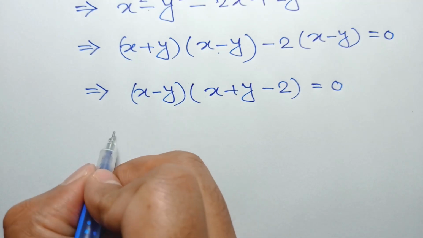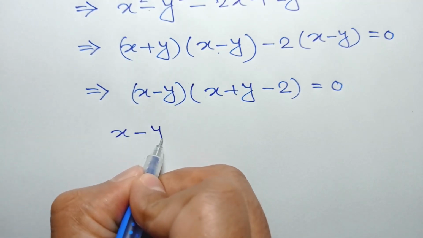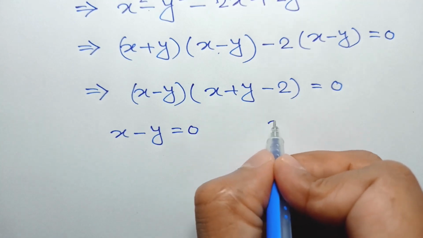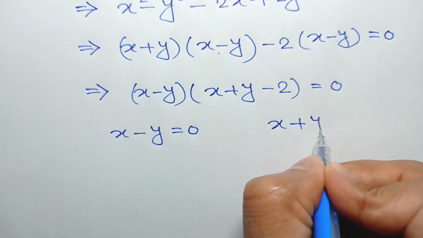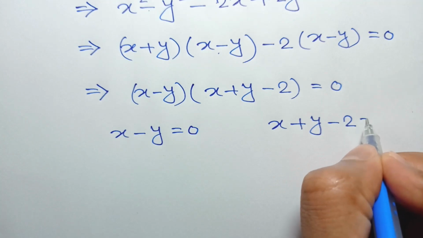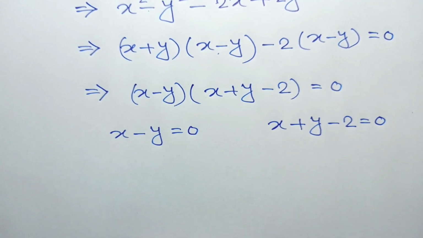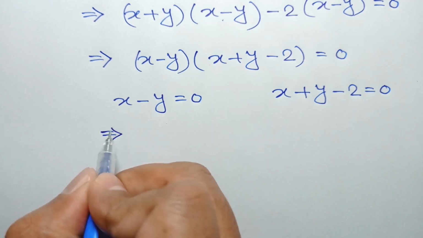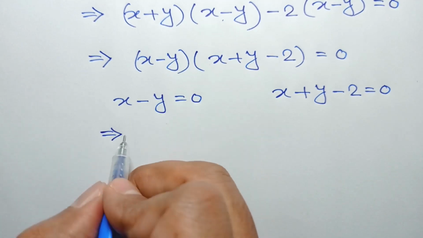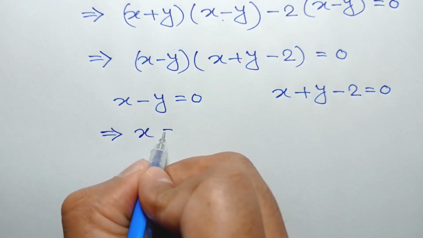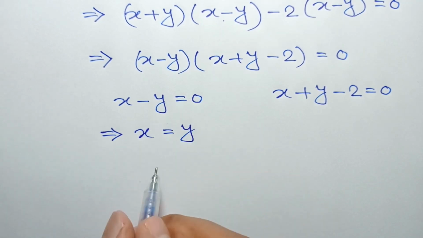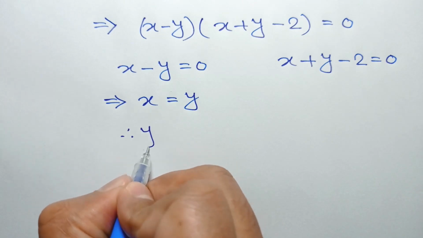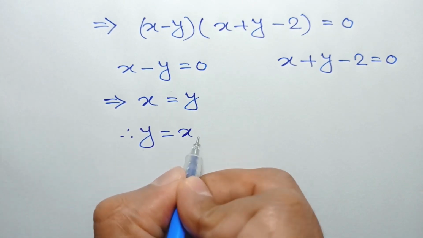So we have two cases: x minus y is equal to 0 and x plus y minus 2 is equal to 0. From the first case, taking y to the right side, we can write x is equal to y, and exchanging sides we will have y is equal to x.